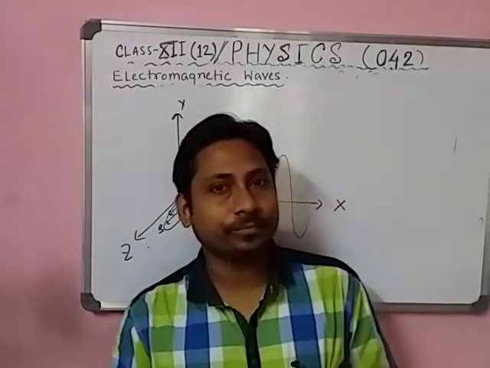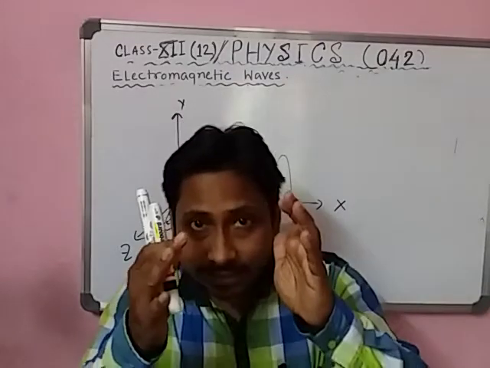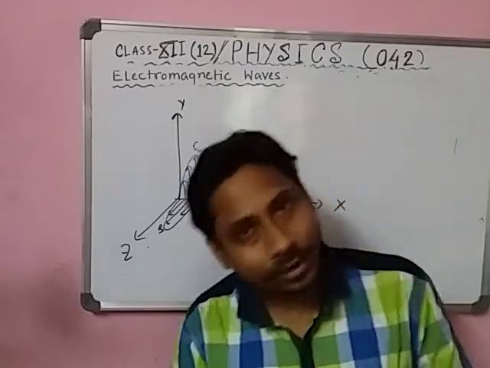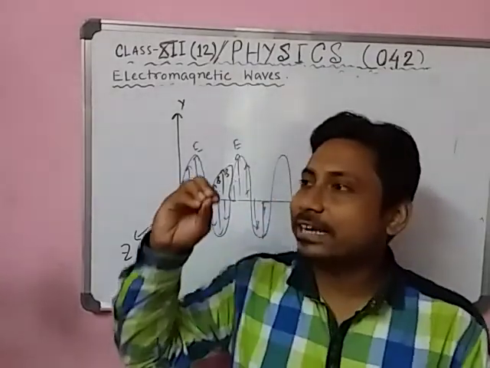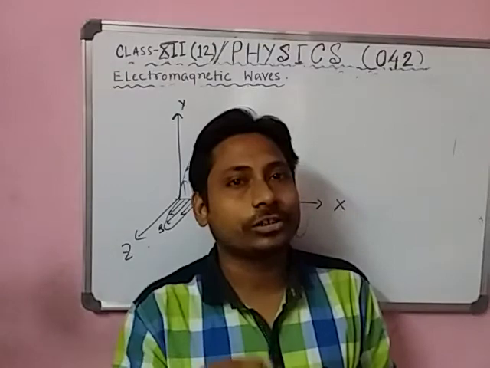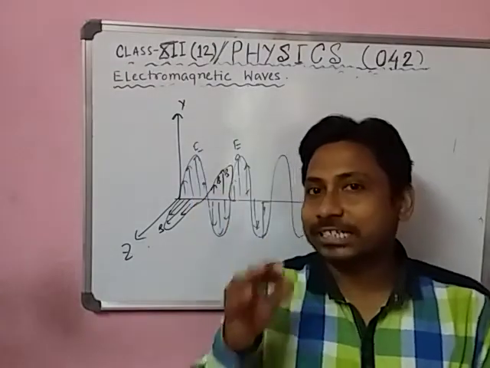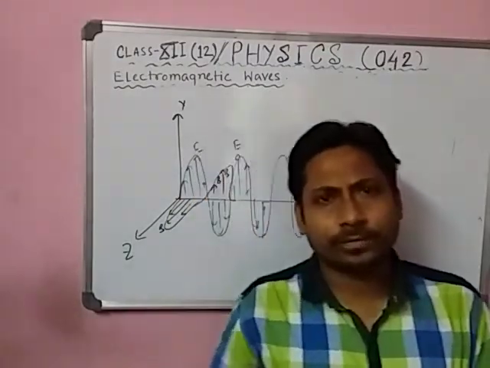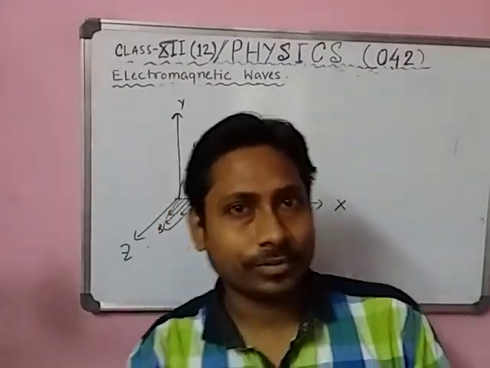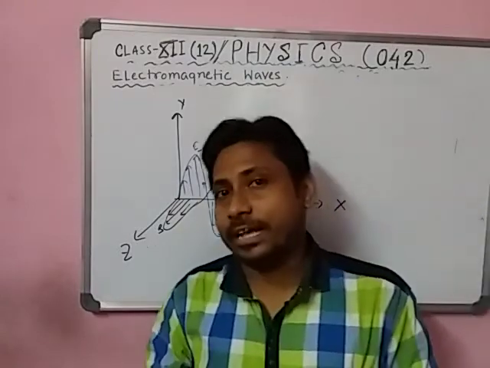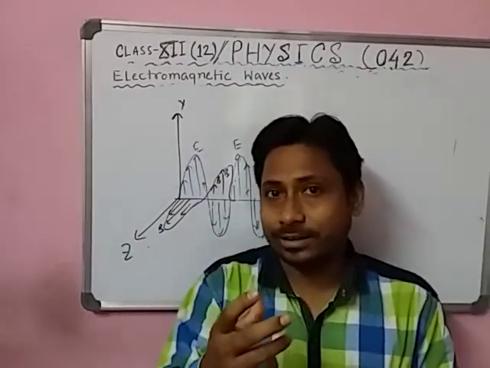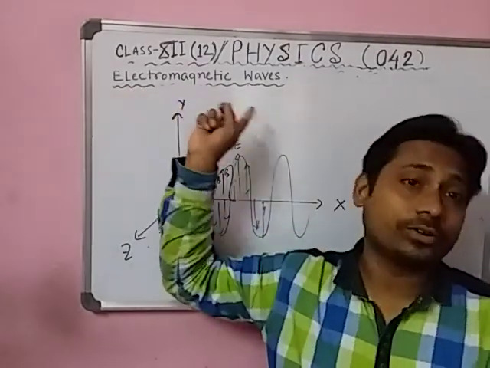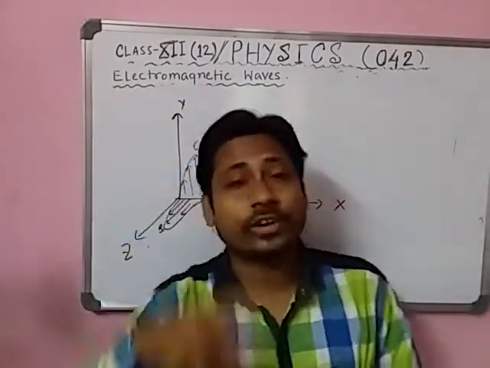If the charged particle is at rest, it's electrostatic. If it moves with constant velocity, it's called current. But if the charged particle is accelerated, it produces electromagnetic waves. You know the origin of X-ray?